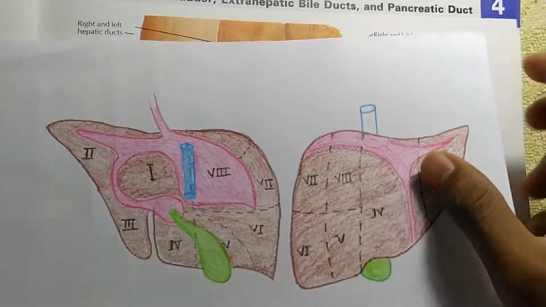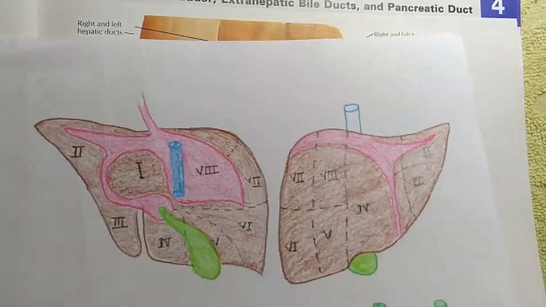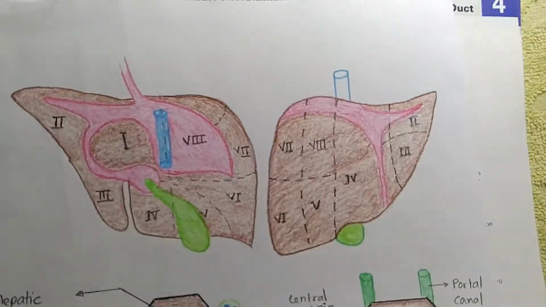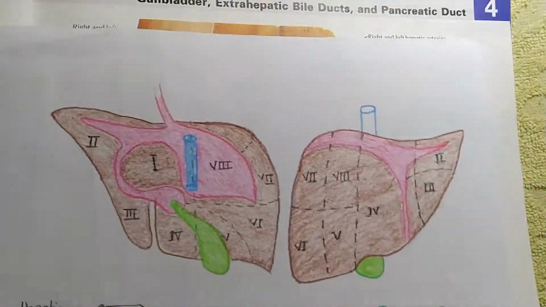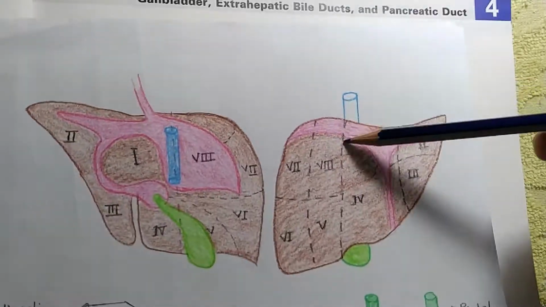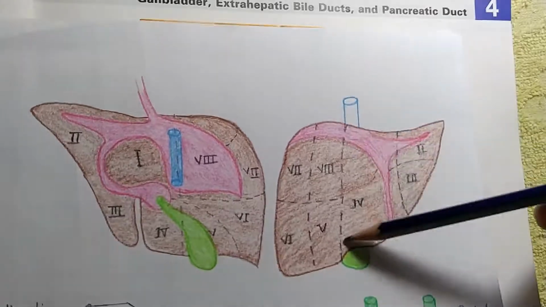So if we make an imaginary plane, as you can see, there is an imaginary plane through the gallbladder and the inferior vena cava.